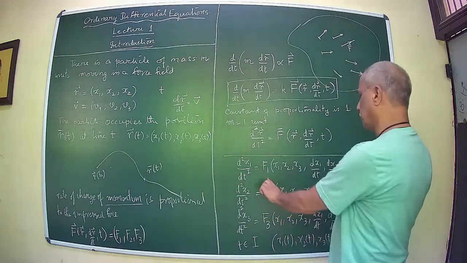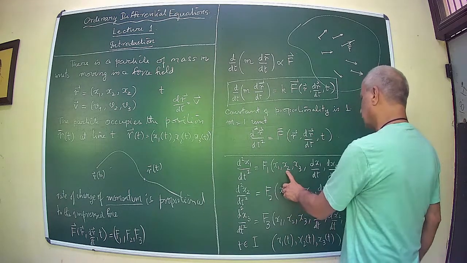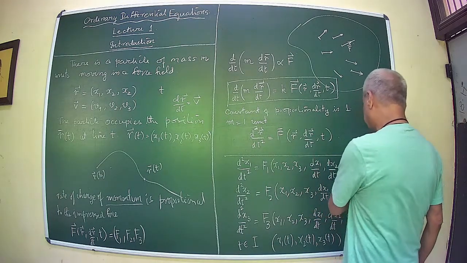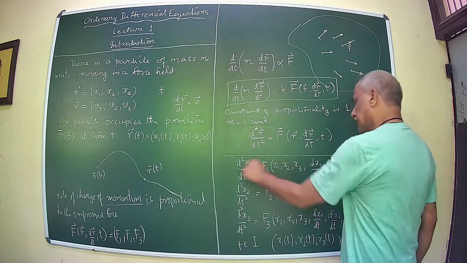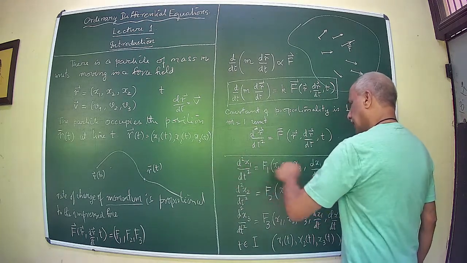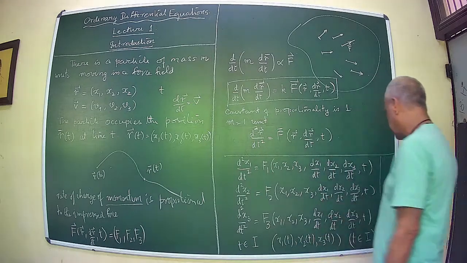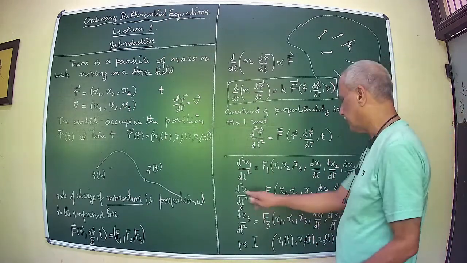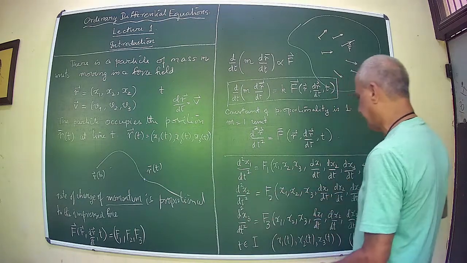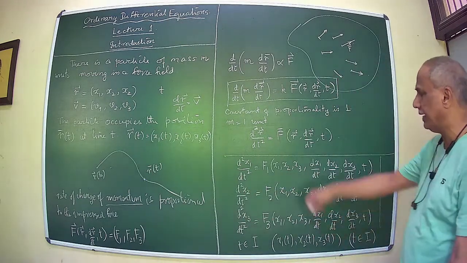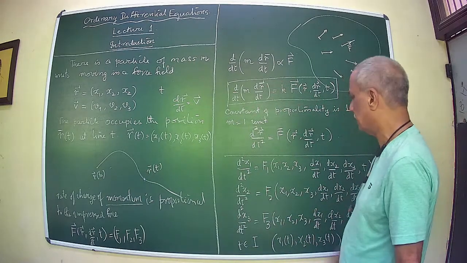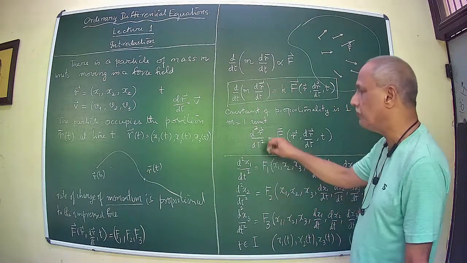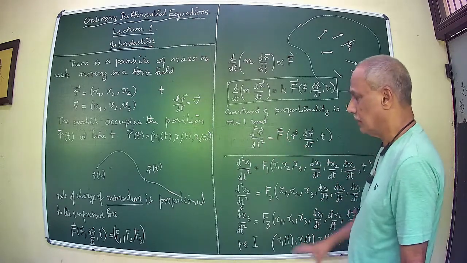And if you put f1 and substitute x1, x2, x3, dx1 by dt, dx2 by dt, dx3 by dt, and t, it becomes valid for every t belonging to I, and similarly for x2 in the second equation, and similarly for the third equation, so that when you feed these functions in these equations, they become satisfied. That is roughly what you mean by finding the solution.